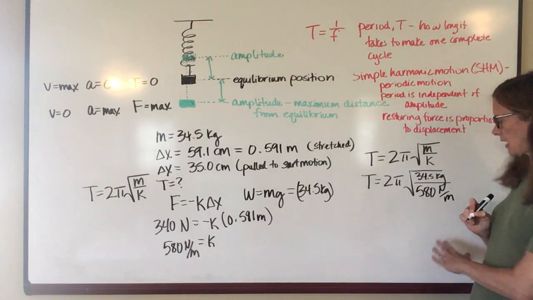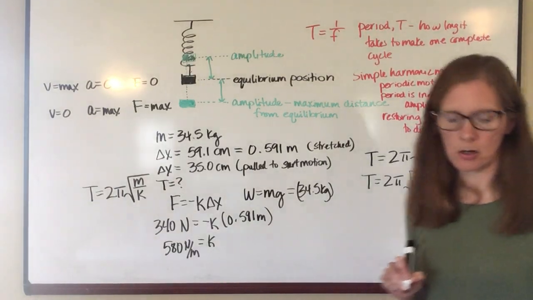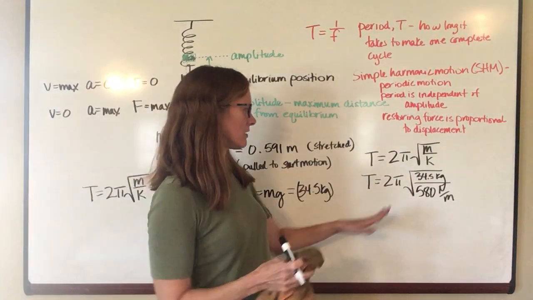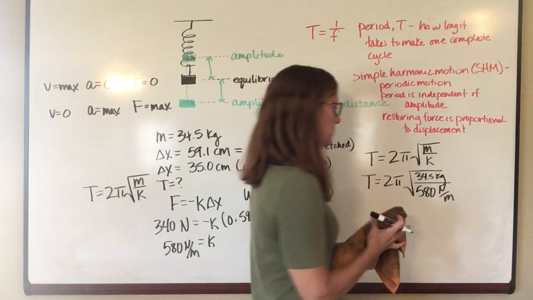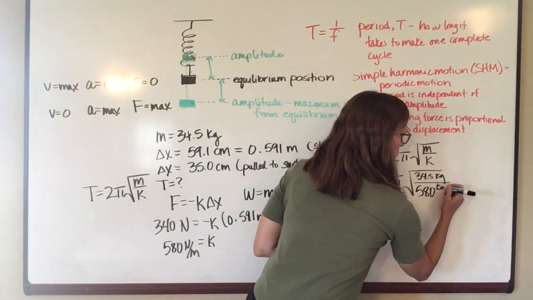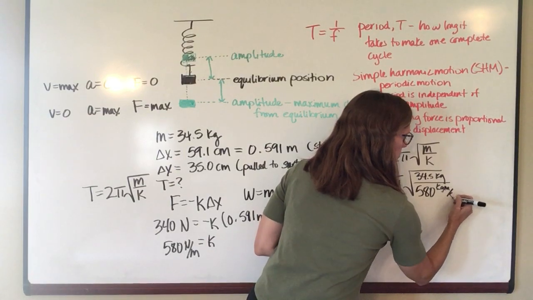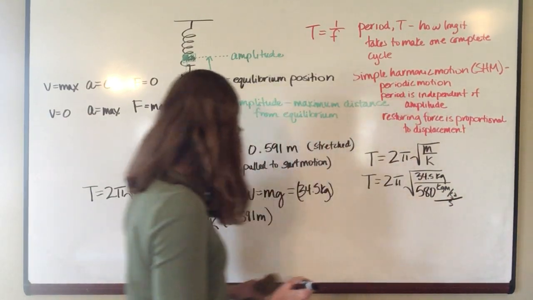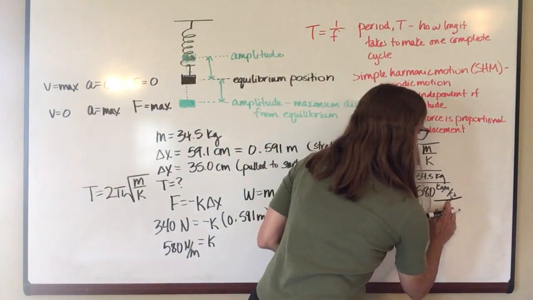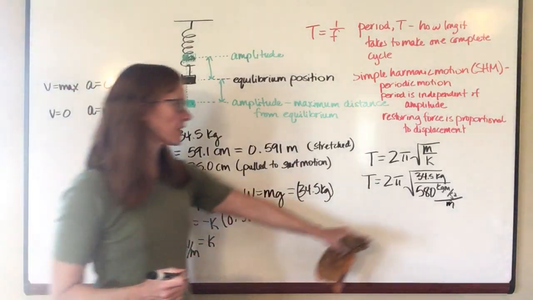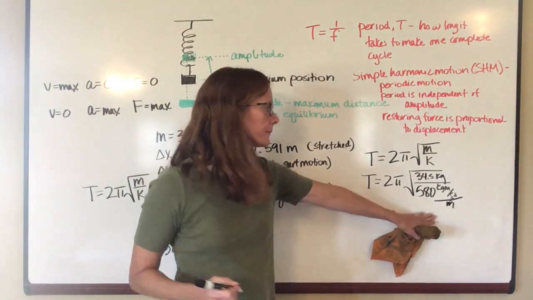Now that looks like an absolute mess of units down here. So what am I going to do in order to figure out what this is supposed to look like? Well, if you recall, a newton just means kilogram meter per second squared, and newtons per meter is all that over meters, and so that's what the units look like here.